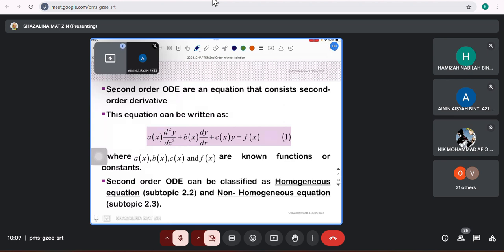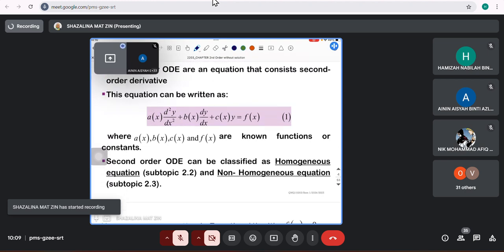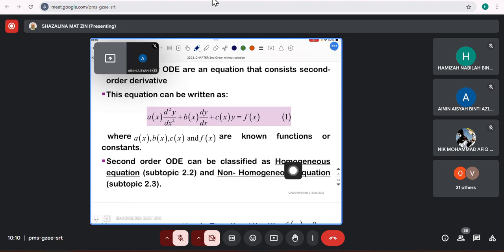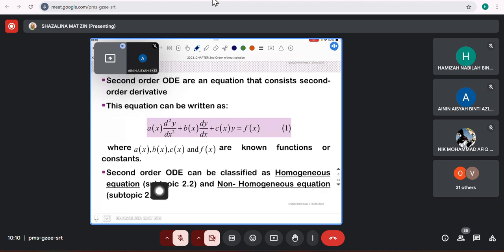Right, next. Second order ODE can be classified as, okay, ada dua jenis second order ODE. Homogeneous equation and also non-homogeneous equation. Just now, I mentioned that homogeneous equations are in subtopic 2.2 and non-homogeneous equations are in subtopic 2.3. Please add on here and 2.4.